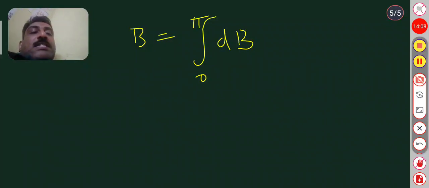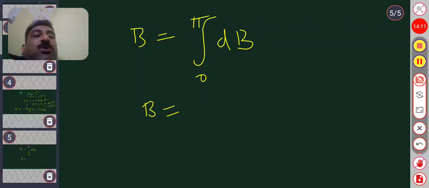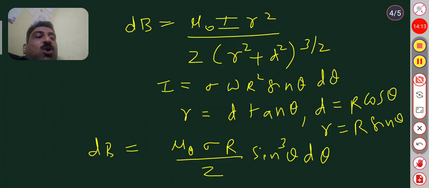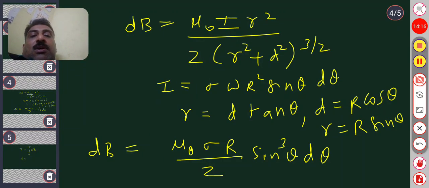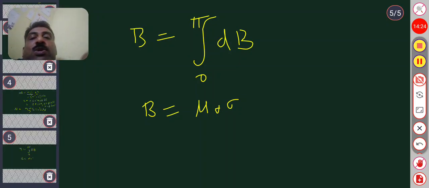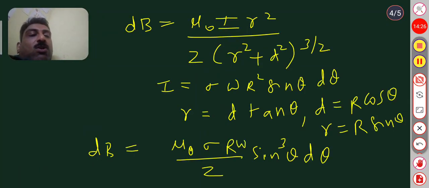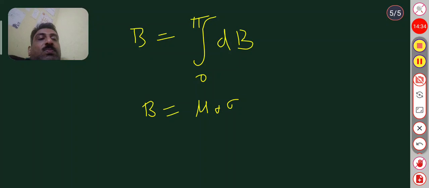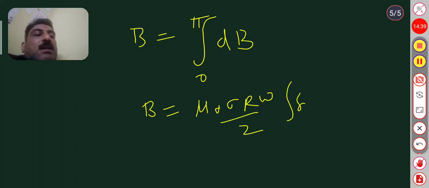When you integrate it, the total magnetic field is, you can see, mu naught sigma r by 2 is constant, and one omega is there too. So it is mu naught sigma r omega by 2 times the integral of sine cube theta d theta from 0 to pi.